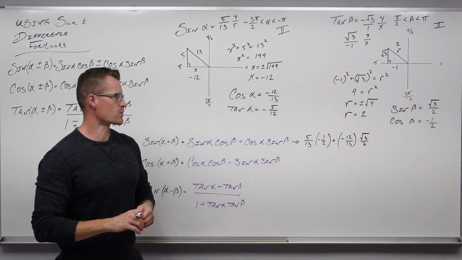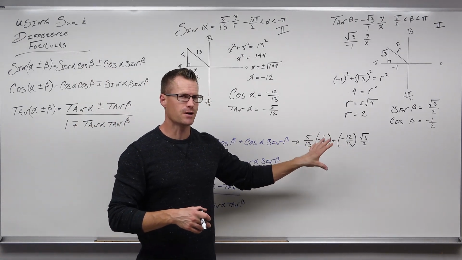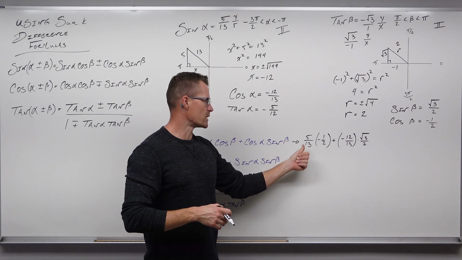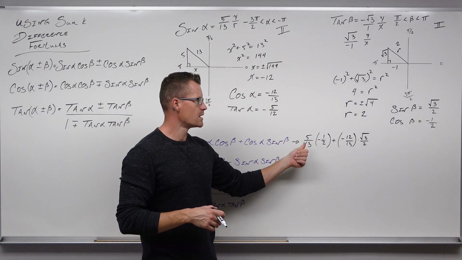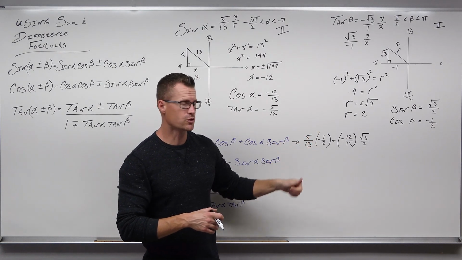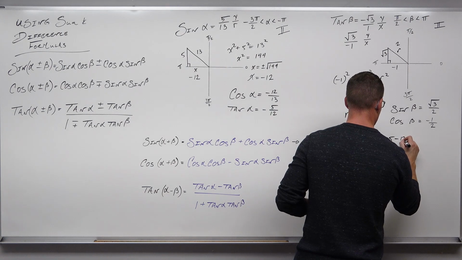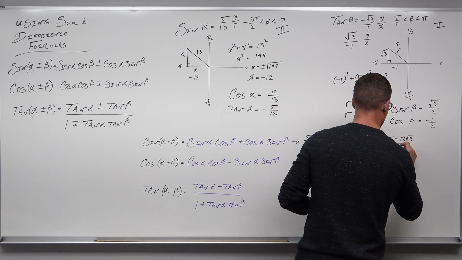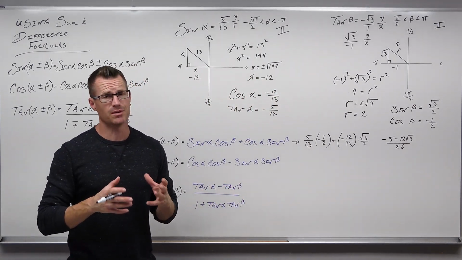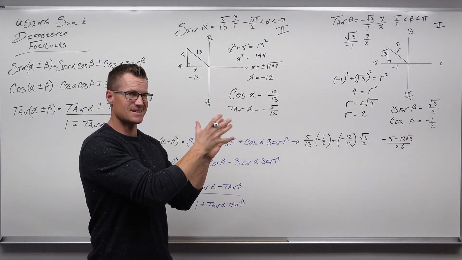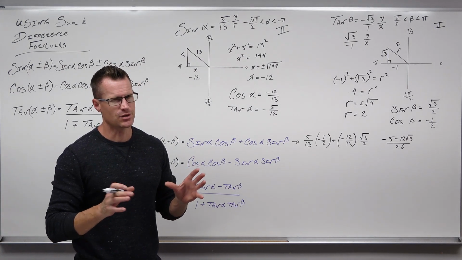Sine beta is square root 3 over 2. We're going to simplify a little bit. We're noticing that we get a common denominator. This happens very frequently. That's going to be, well, let's see, 13 times 2 is 26. So negative 5 over 26 minus 12 square root 3 over 26. There's not much we can really do to simplify that. It just stays as ugly as that is. Unless you can factor something and simplify it, you're going to leave that.